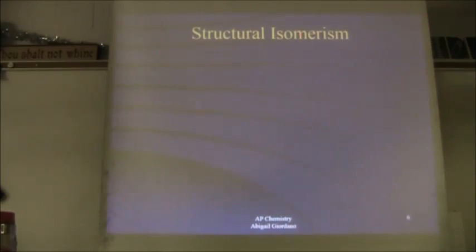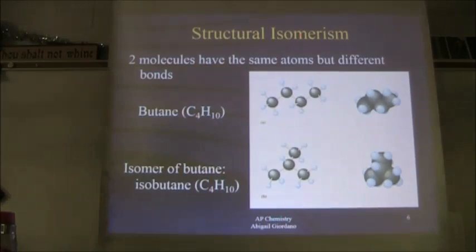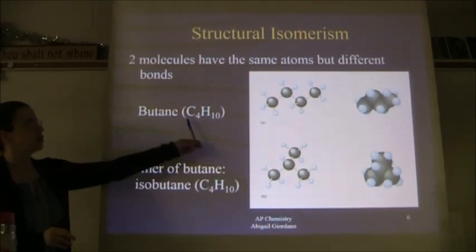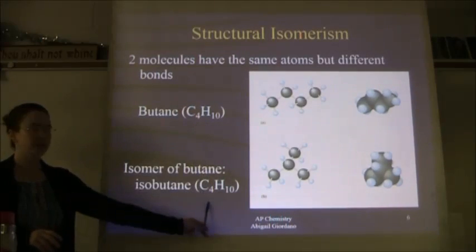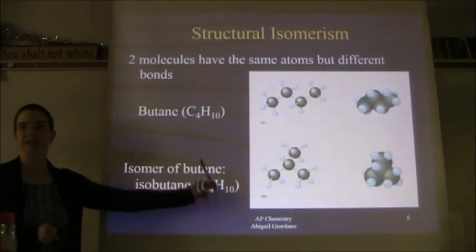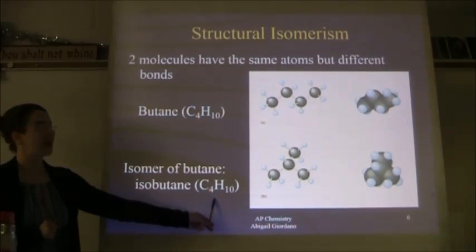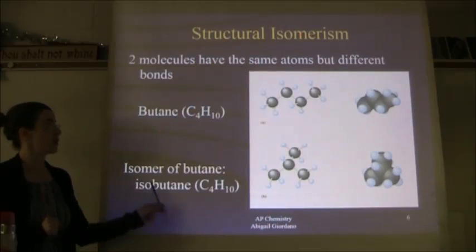Okay. Here's a word you need to know, isomerism. Okay? Isomers. I want you to look at these two formulas, okay? Please notice that these formulas are exactly the same. 4 carbons, 10 hydrogens. And yet, these are two different molecules.